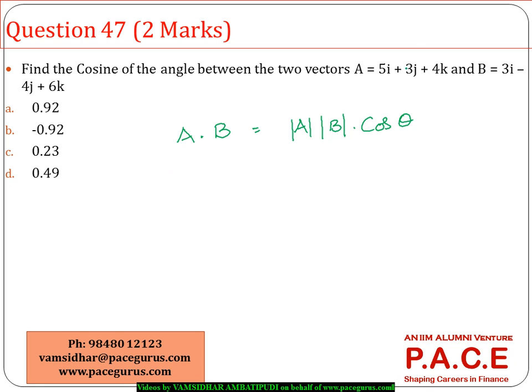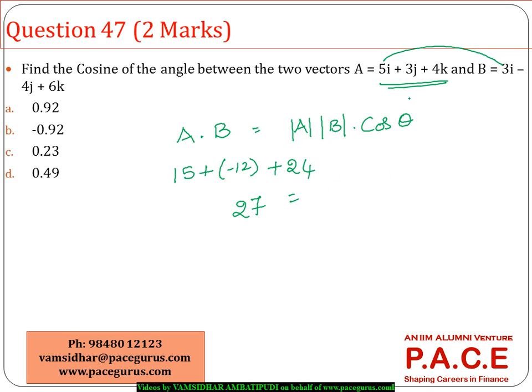So A dot B is nothing but multiply all the i's and do a sum product. 5 into 3, 15 plus, what about J? 3 into minus 4, minus 12. And what about K? 4 into 6, 24. This is A dot B. 39 minus 12, 27 is equal to AB cos theta.